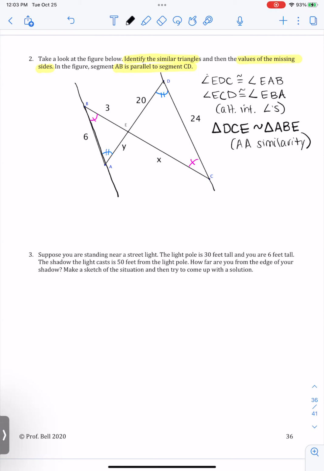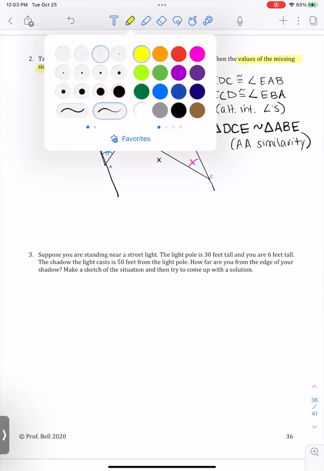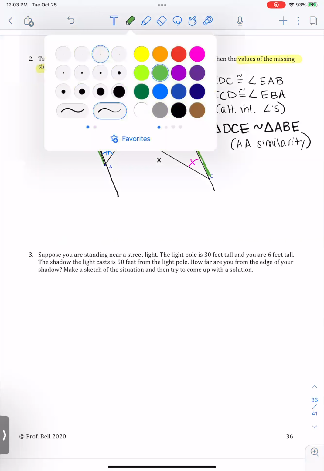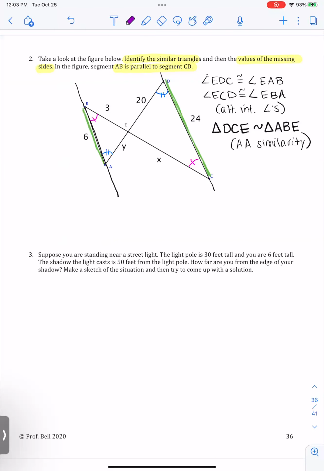So we know that AB and DC are the same side. So this side here, let's do green. We know that this side here is proportional to this side here. Now we need to match the other side. So let's do purple.